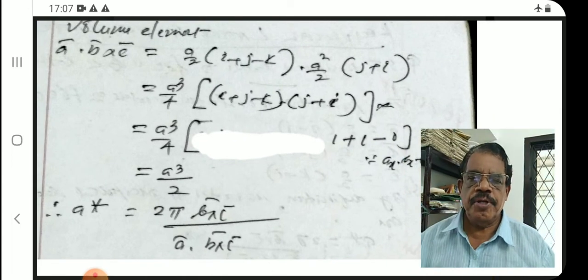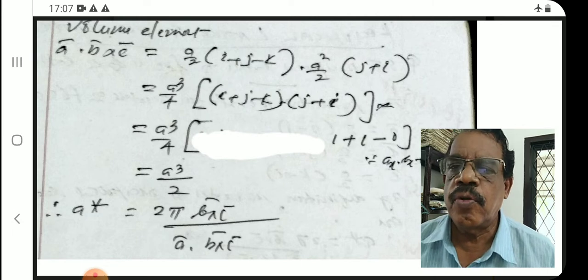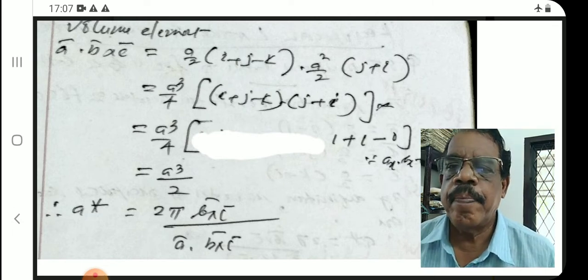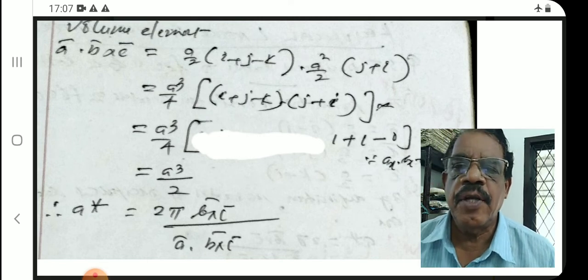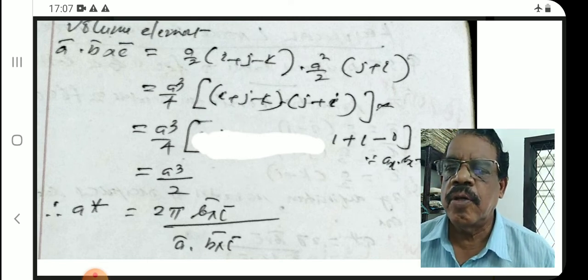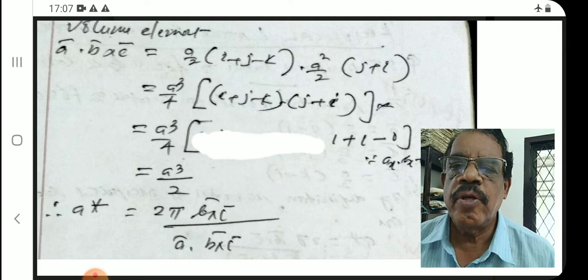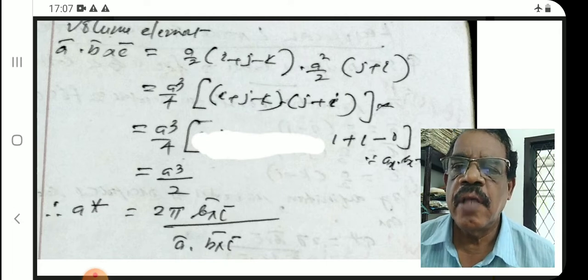Now a dot b cross c, that is a by 2 into i plus j minus k dot b cross c, which is a square by 2 into j plus i.